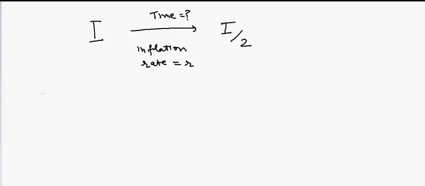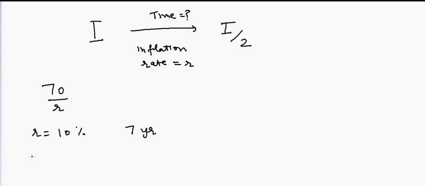So the simple trick to approximate the time will be, take the number 70 and divide it by r. So for example, if you have an inflation rate of 10%, then it will take 7 years for your money to become half of its value.